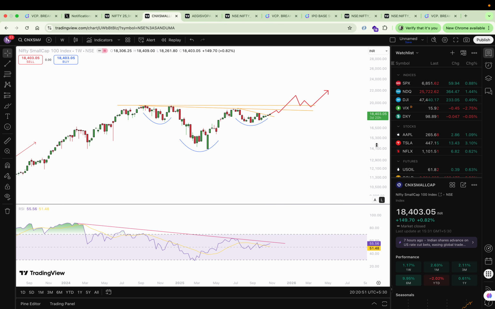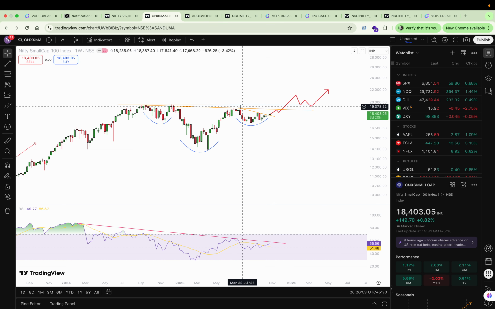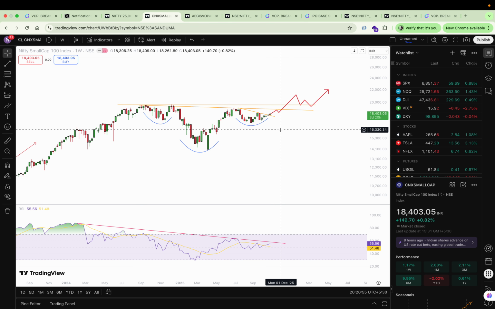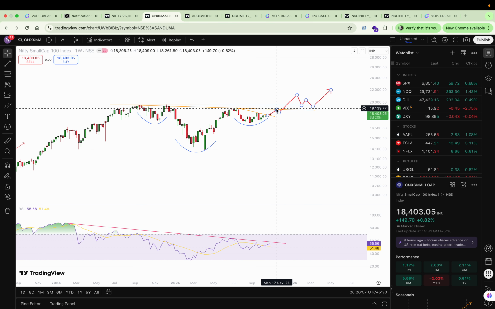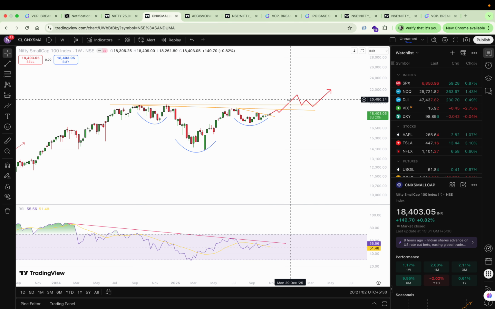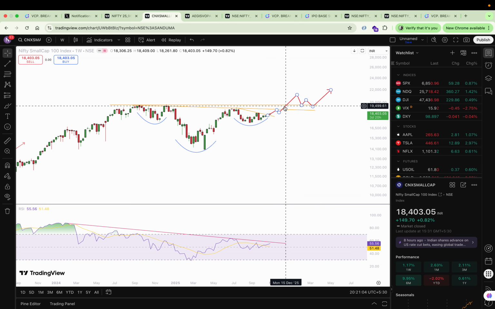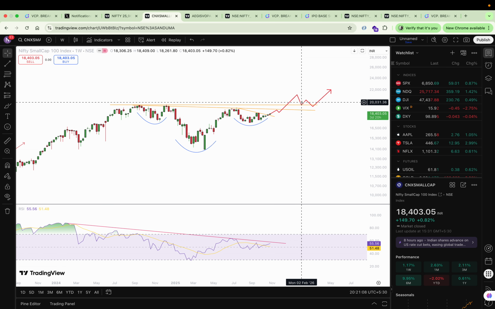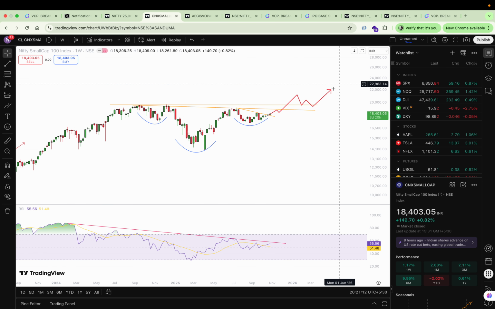Also, there is a breakout here, which we discussed last time also. Once this breakout is done, we can see many of these stocks giving breakouts and moving up. Then we will see some correction or retest of this pattern, and then again a move.